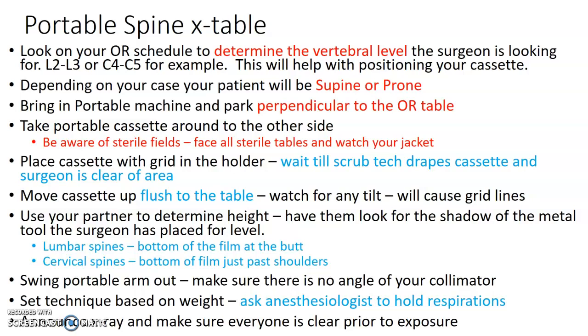The scrub tech is going to drape your cassette, and the surgeon's going to clear the area, as well as the scrub tech, so you don't possibly touch them when you move in. You're going to move that cassette holder up flush to the table, push up against it, and watch for any tilt that could cause grid lines. Hopefully you have a partner with you. It goes way faster if you have someone with you doing these portable spine cases, and you guys as students will have a tech with you.